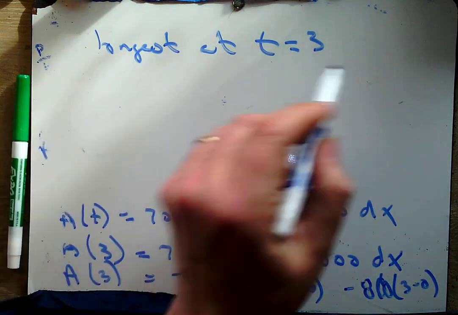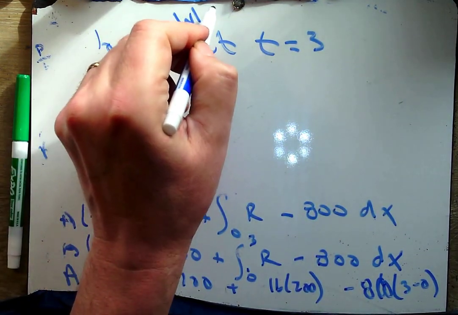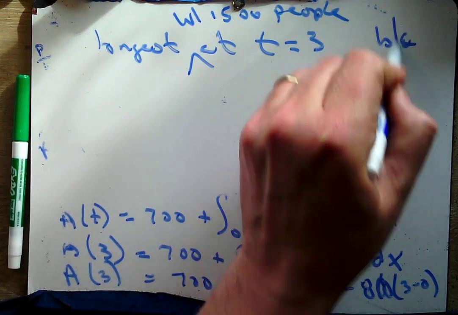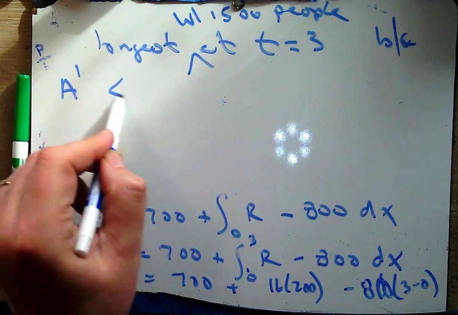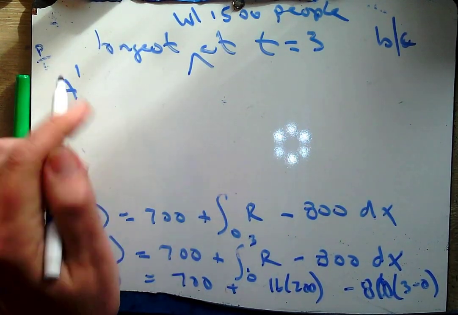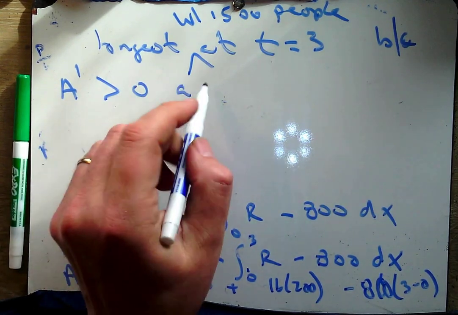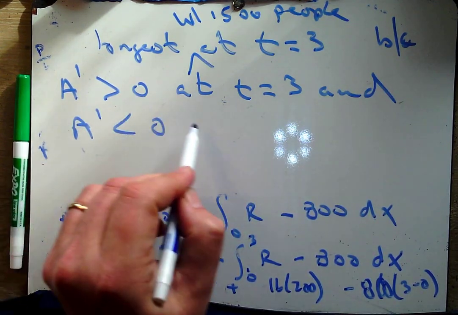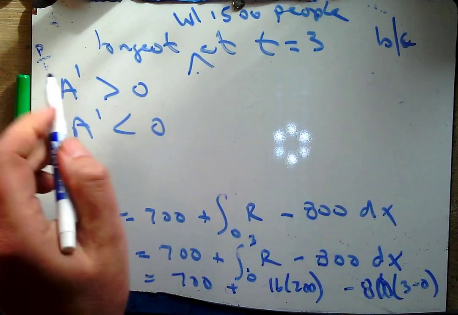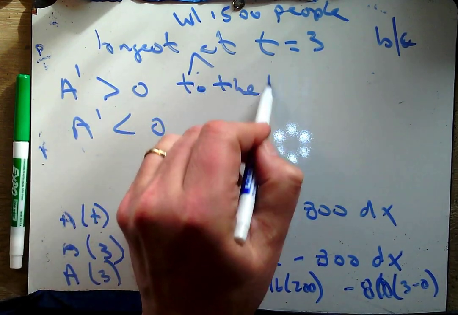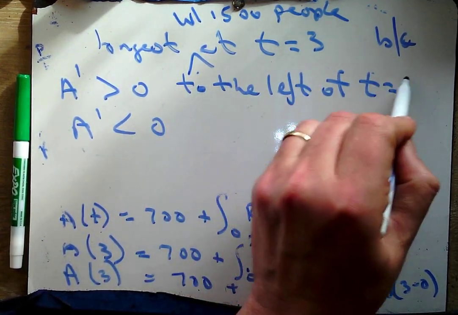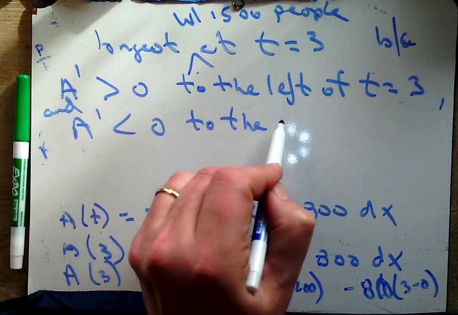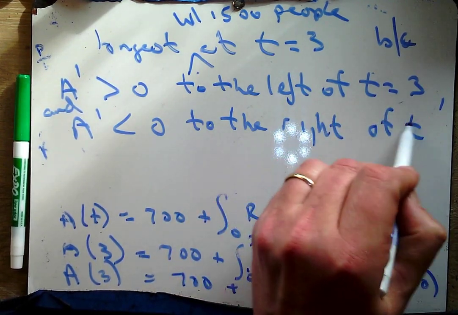The line is longest with 1,500 people because a prime is greater than 0 to the left of t equals 3, and a prime is less than 0 to the right of t equals 3.